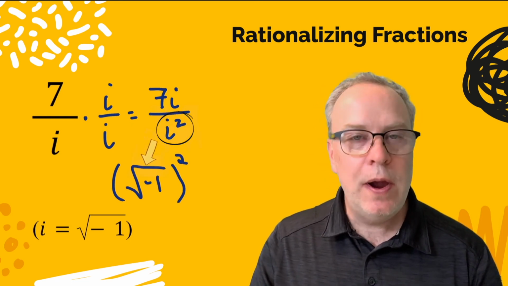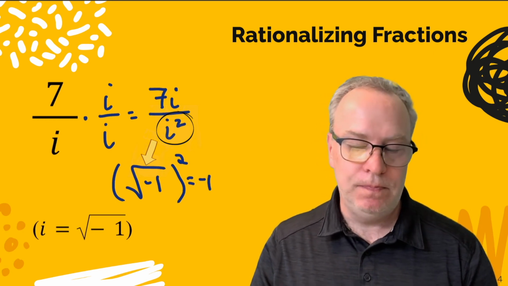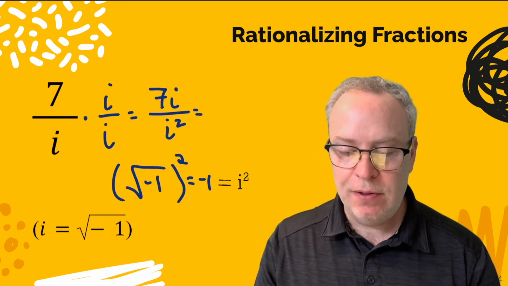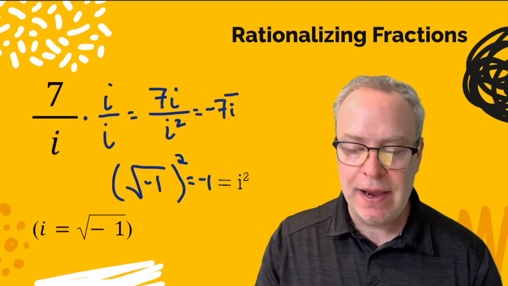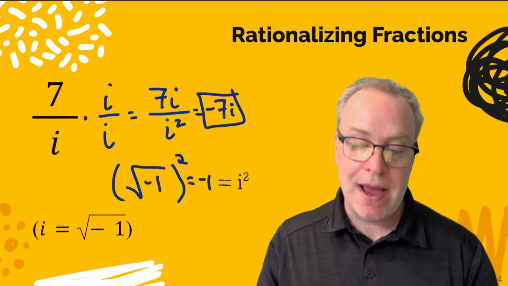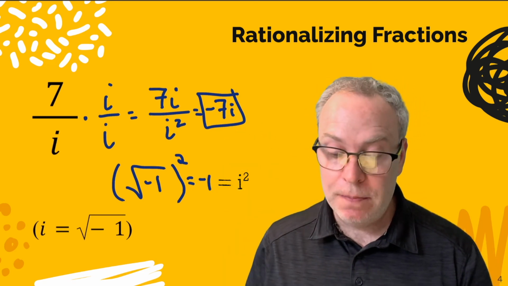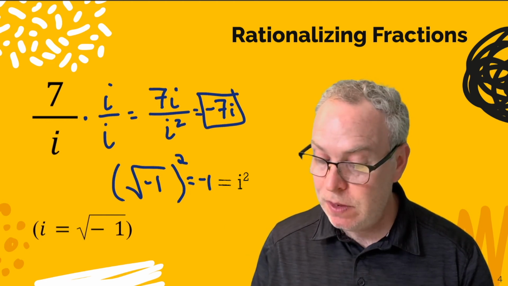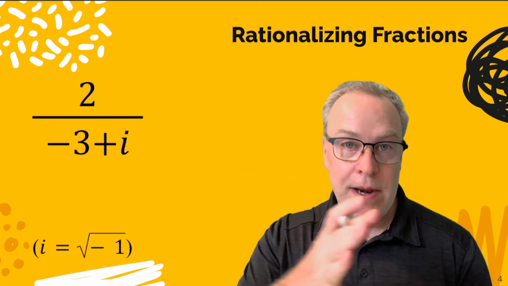When you square the square root of -1, you get -1. So the final answer here would be -7i, right? Because that minus sign would just be attached to that numerator. So you get -7i.